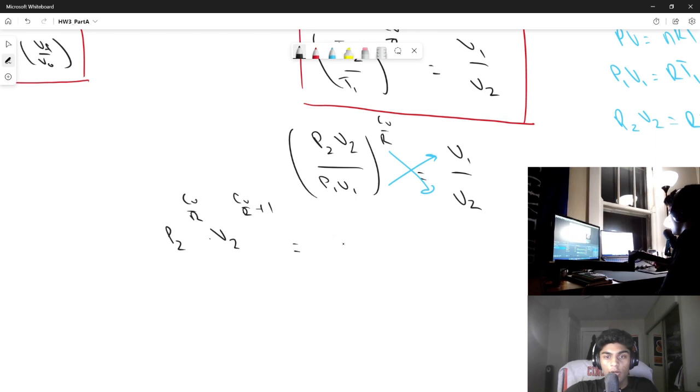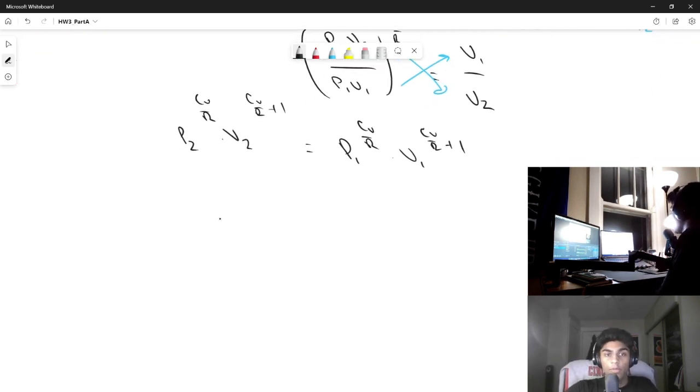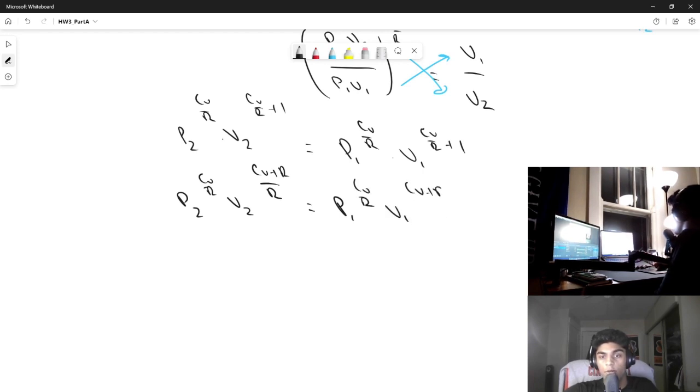And we're going to do the same thing for the other side: P1 to the CV over R times V1 to the CV over R plus 1. And we can also rewrite this further as a single fraction. So P2 to the CV over R, V2 to the CV plus R over R. Same thing on this side, P1 to the CV over R, V1 to the CV plus R over R.